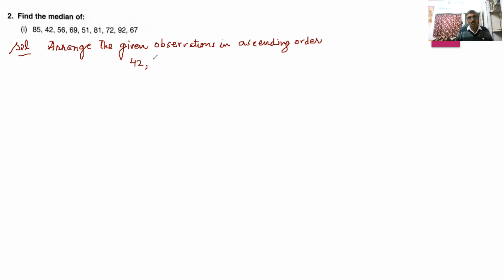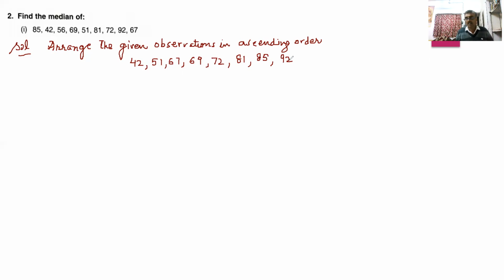After 42, 51 is there. After 51, 67 is there. After 67, 69 is there. Then 72, 81. After 81, 85 is there. After 85, 92. Now count the number of observations. 1, 2, 3, 4, 5, 6, 7, 8.